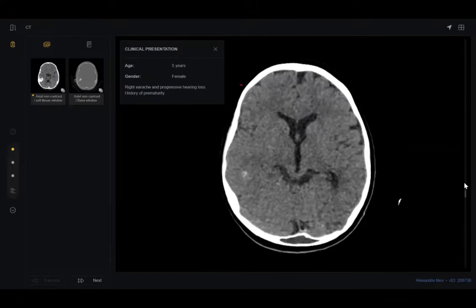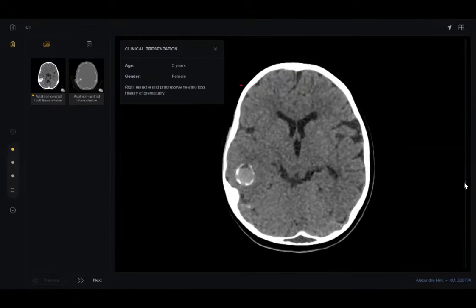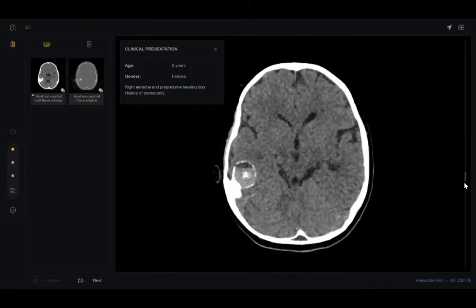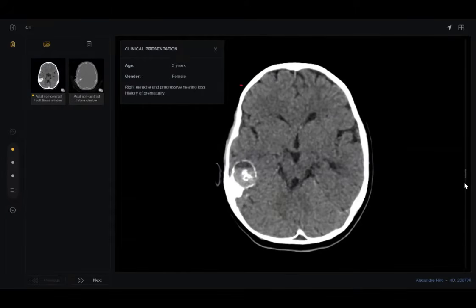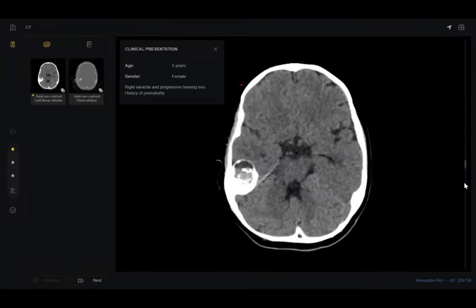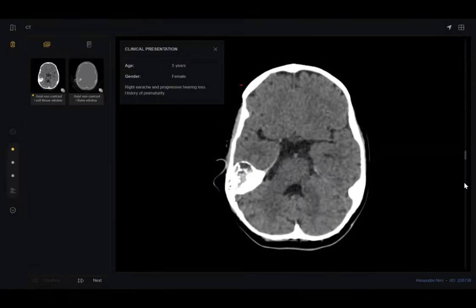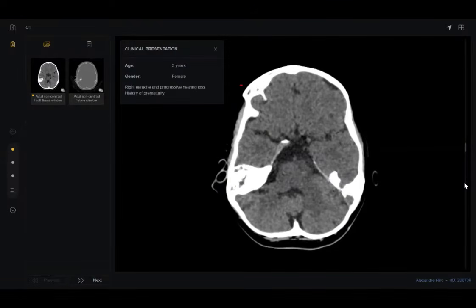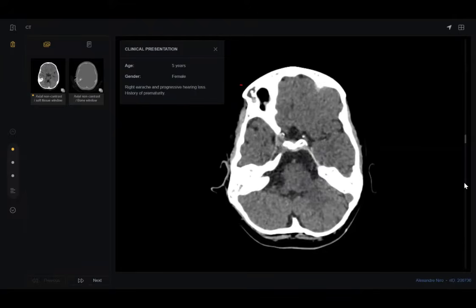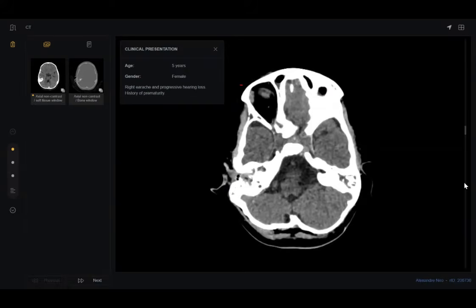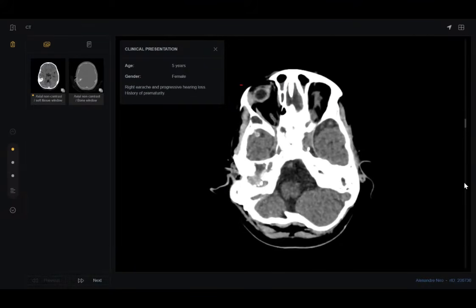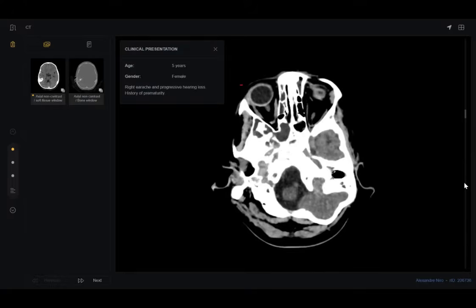I would like to see it again. Yes, so this was the abnormality. I'm trying to look for its epicenter. I think it's within the right petrous bone with suggestion of extension into the right middle ear cavity, which I would later confirm on the bone window images.